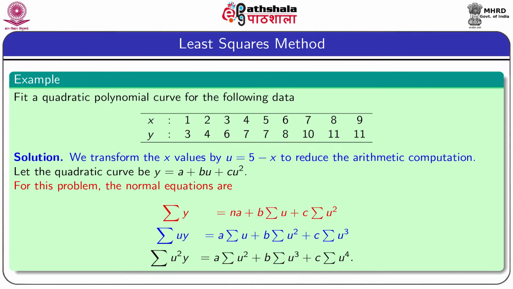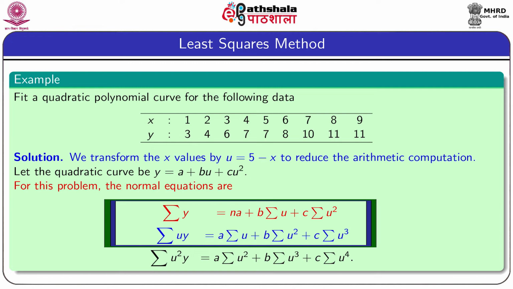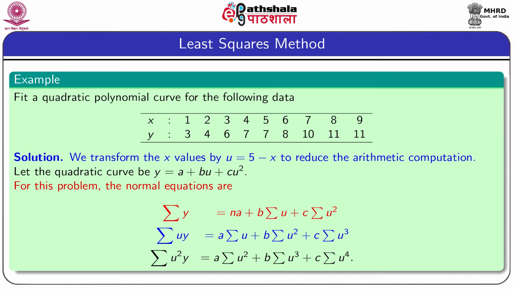For this problem, the normal equations are Σy = na + bΣu + cΣu². The second equation is Σuy = aΣu + bΣu² + cΣu³. And the third equation is Σu²y = aΣu² + bΣu³ + cΣu⁴.